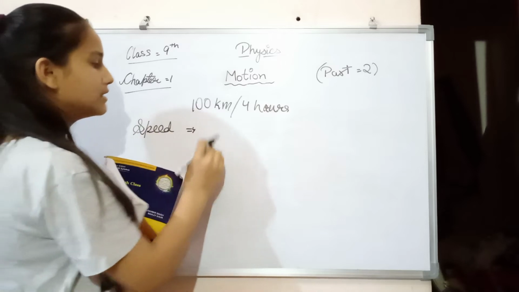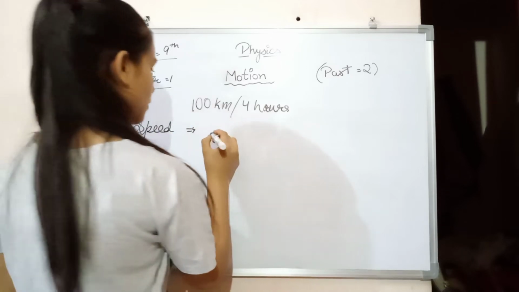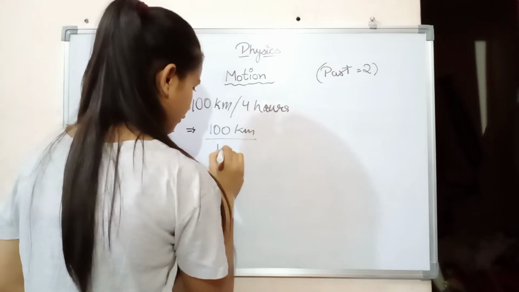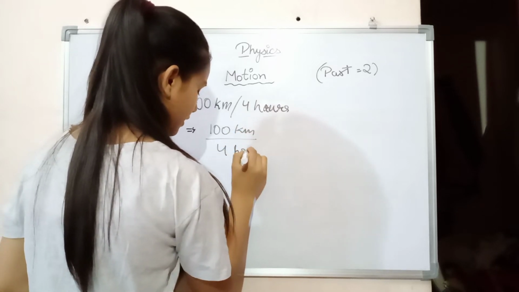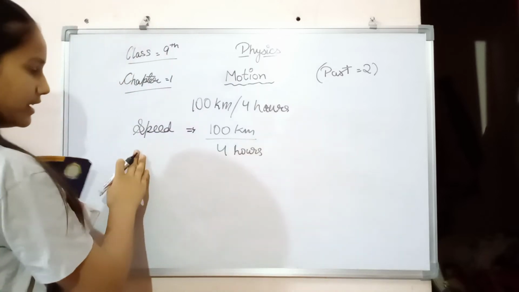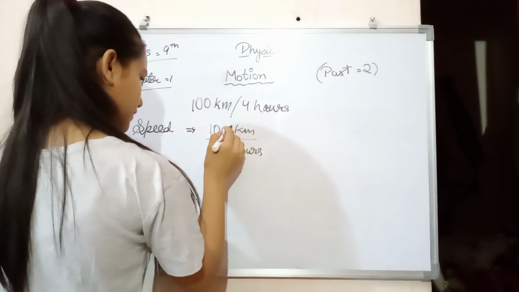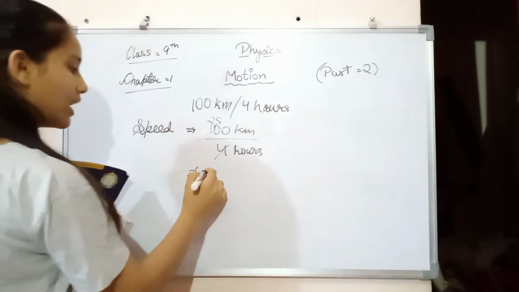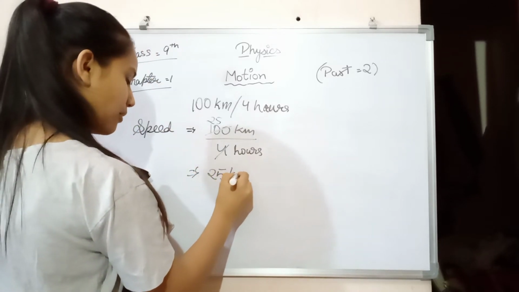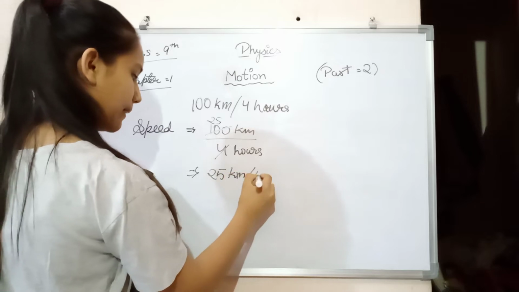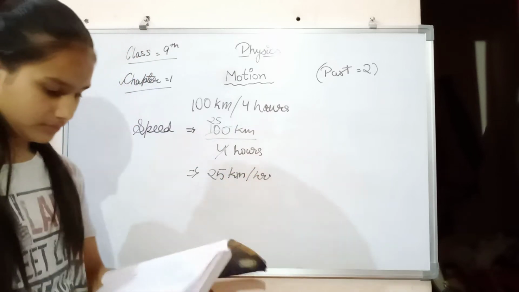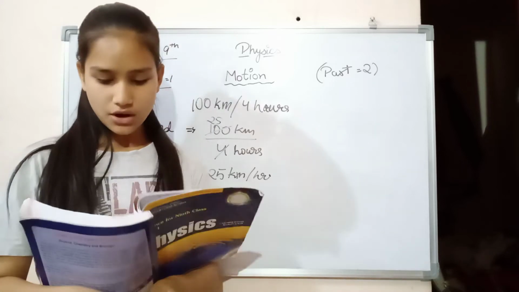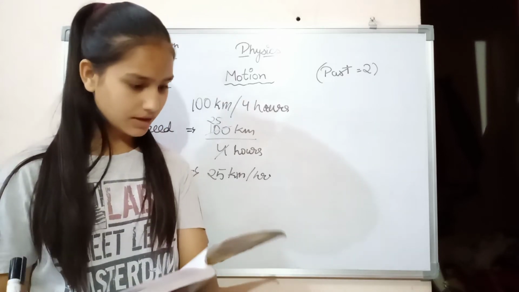The formula of speed is distance upon time. So according to the formula, 100 kilometers upon 4 hours will be the speed. When we calculate it, the speed of the moving car will be 25 kilometers per hour. So this is how we calculate the speed of a moving body or a moving object.